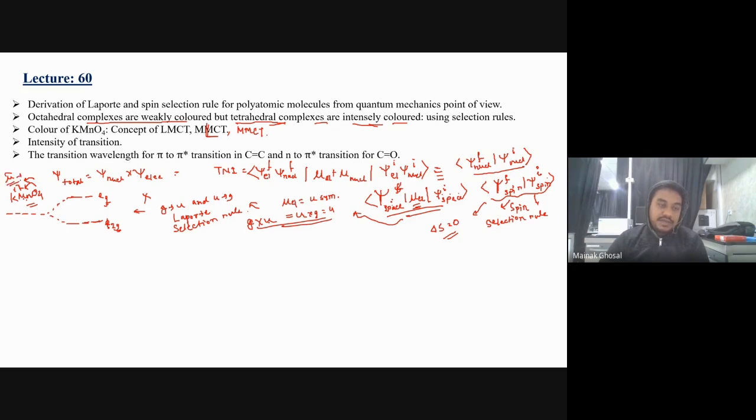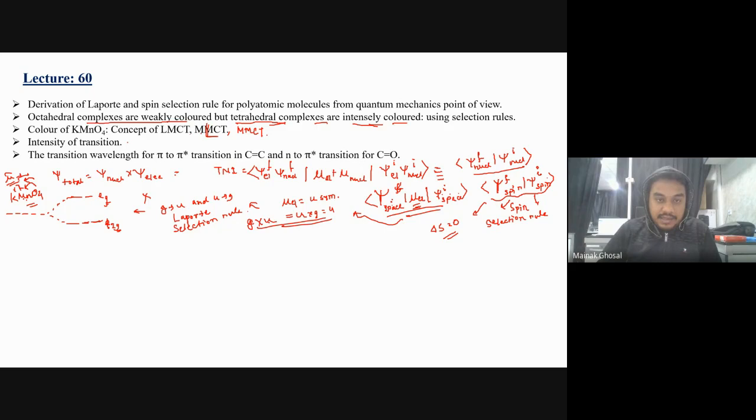Since the transition dipole increases, the intensity increases, because the transition moment integral expression contains the transition dipole term. The intensity of transition will be proportional to the transition moment integral squared.